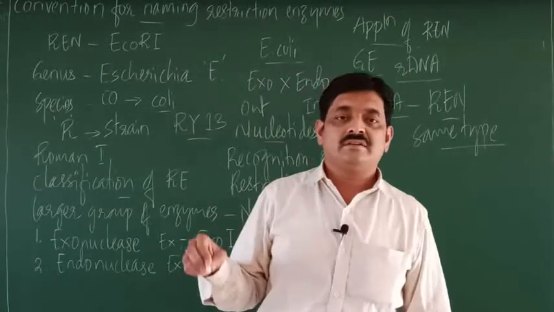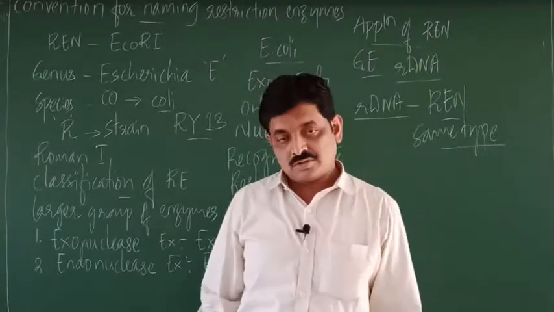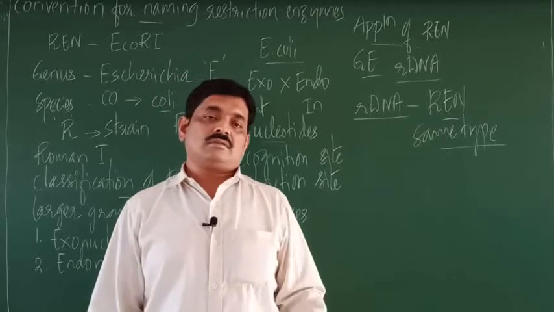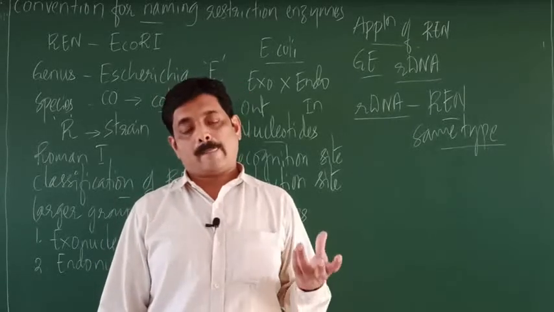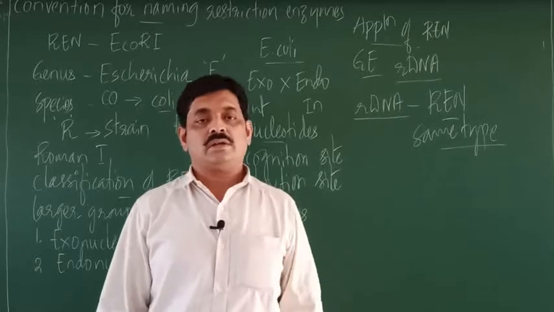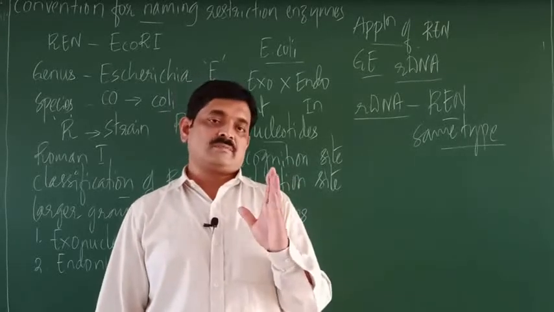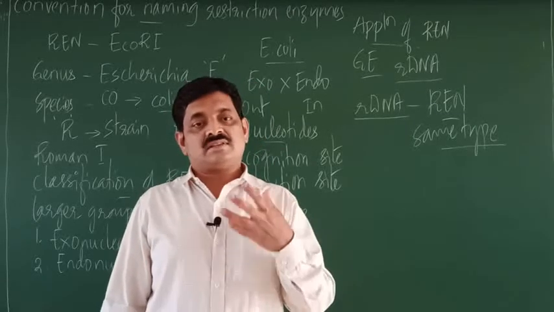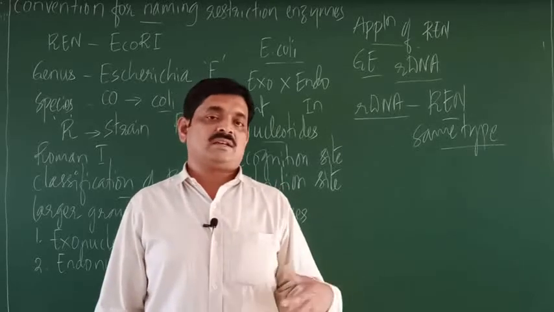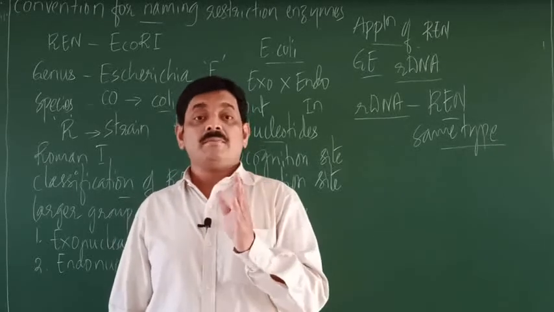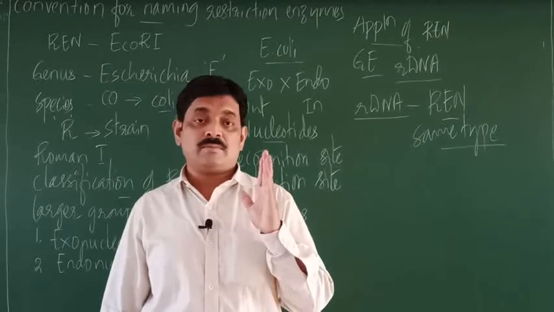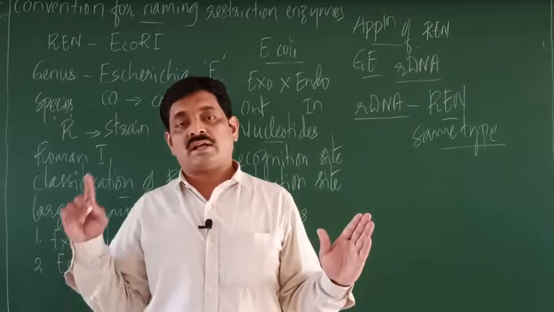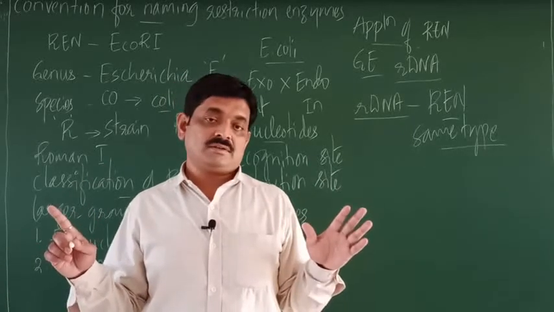Same type of REN has to be used to construct recombinant DNA. It means, for constructing recombinant DNA, a plasmid and desired gene are used. A closed plasmid has to be made open, that is with the help of REN. Desired gene is isolated from DNA, that is with the help of REN. So the same restriction endonuclease has to be used for cutting the plasmid and for isolating the desired gene.